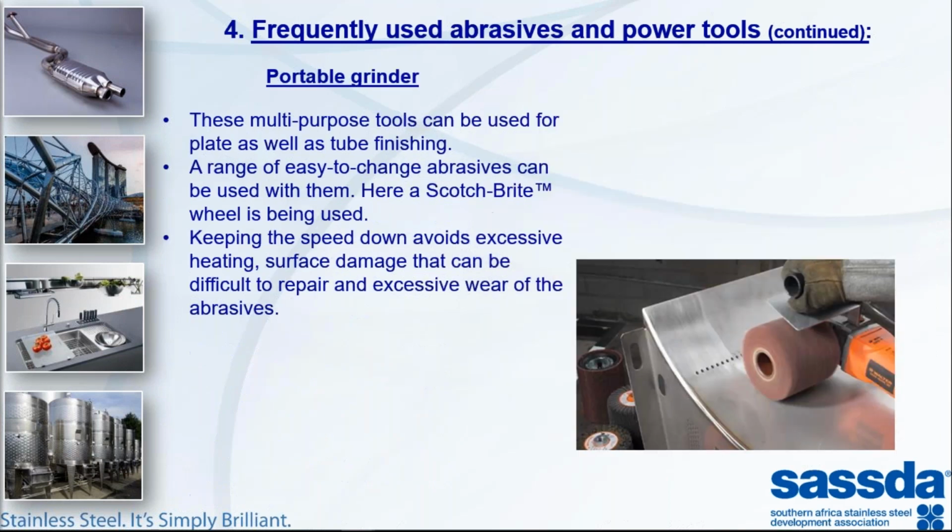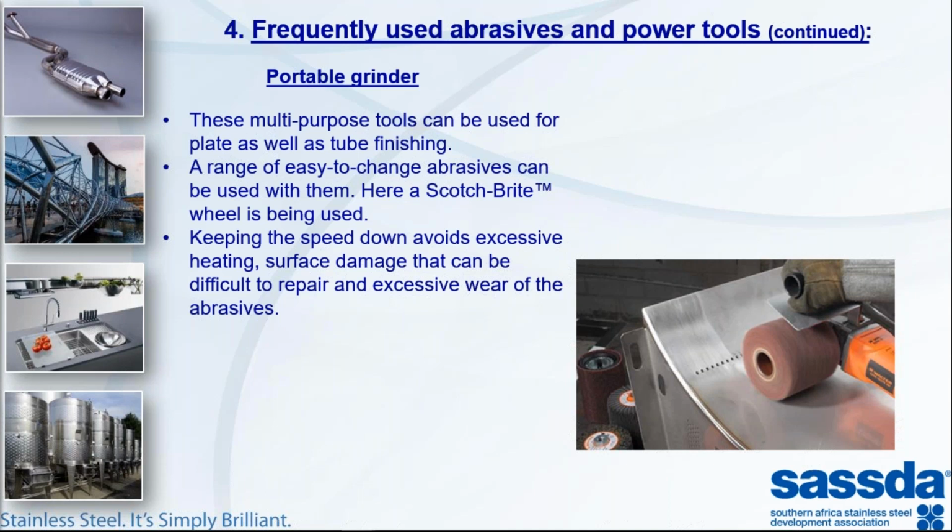Right, this is where we get to the portable tools, and these things are the workhorses of the industry. So the first one there that you see is a portable grinder. You don't see them that often, but they're multi-purpose tools and you can use them on plate as well as tube. You can put all kinds of easy to change abrasives on there.